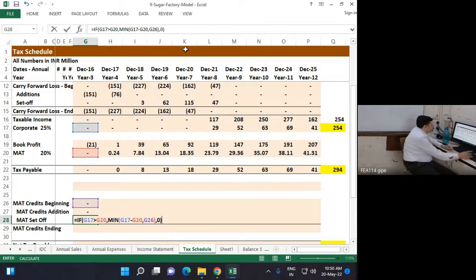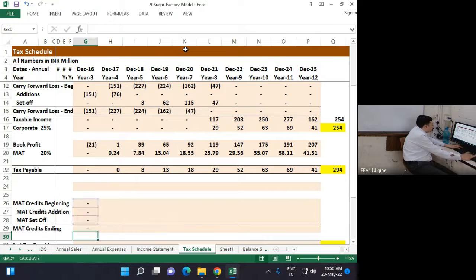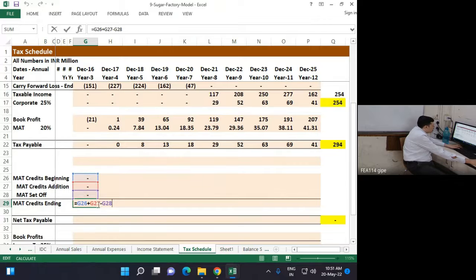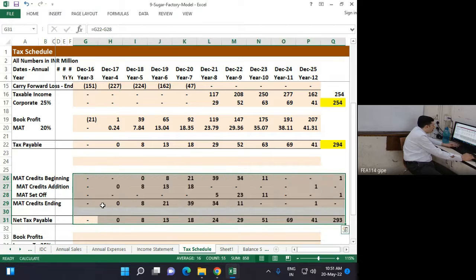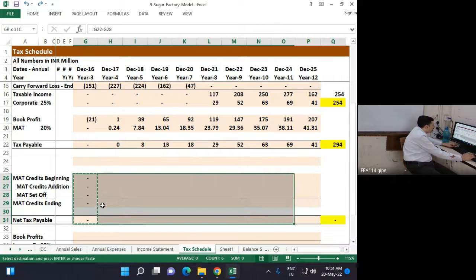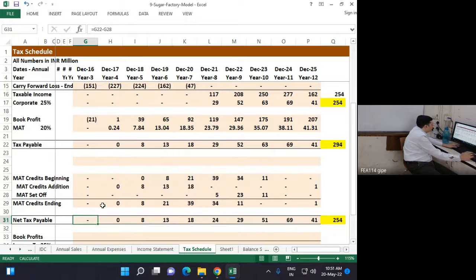Where 254 is the number that you will get. So beginning plus addition minus set off is equal to ending credit. This time you will subtract the set off because the signs are same. And net payable will be tax payable minus MAT. 254, therefore, will be the ending balance.